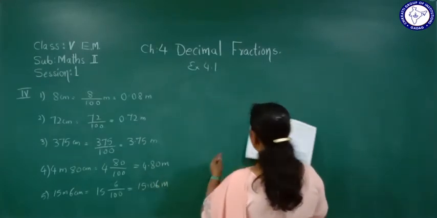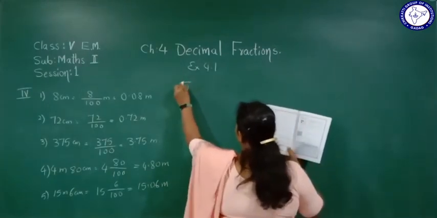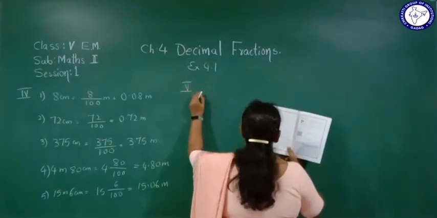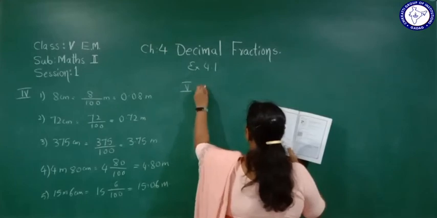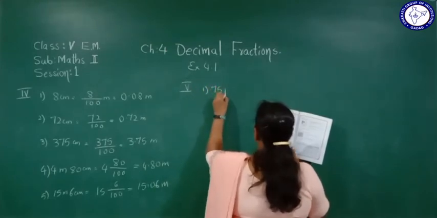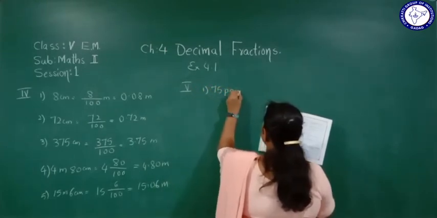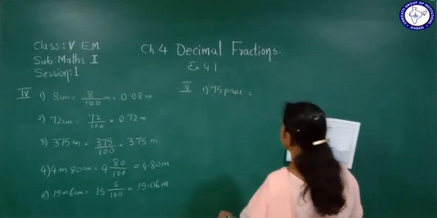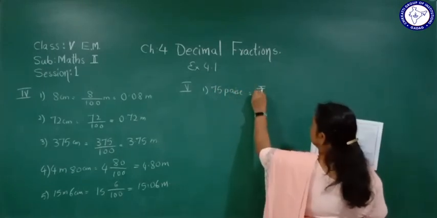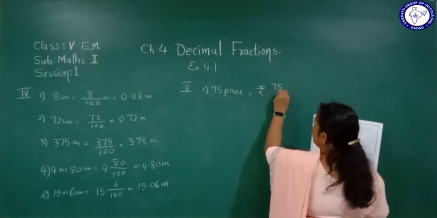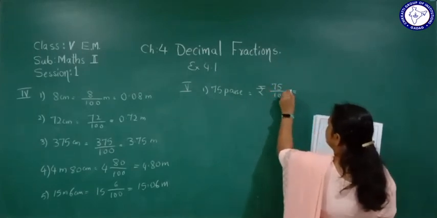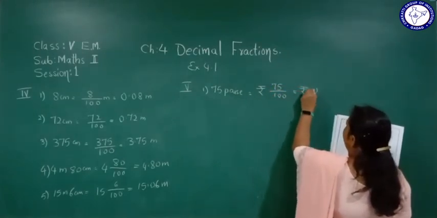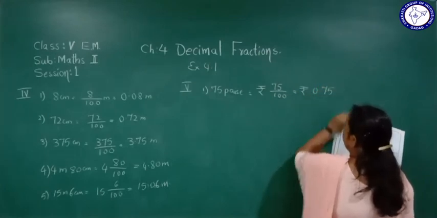Then fifth main question. Fifth main question is write in decimal fraction. So first one, 75 paisa. So 75 paisa is equal to rupees 75 by 100, which is equal to rupees 0.75.